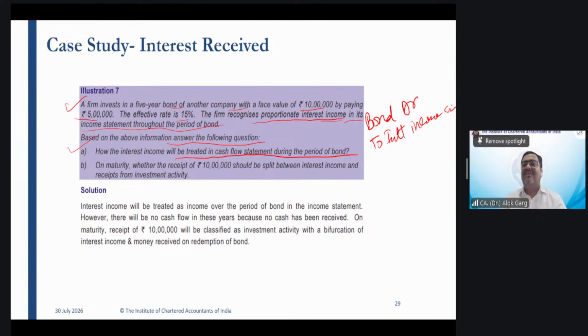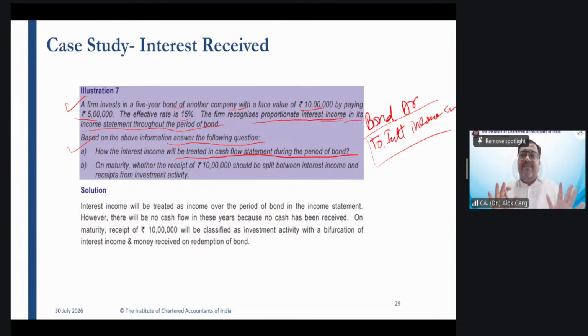Now this interest income, the company will receive after 5 years at the time of maturity. This 5 lakh will become 10 lakh rupee. So will the company receive interest at the end of the first, second, third, and fourth year? The answer is no. So it's a non-cash item.